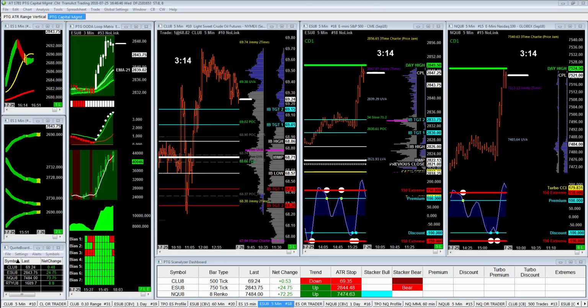Okay, and our next block of charts, now we've gone down to the 5-minute chart. These charts here are referred to as our balance chart, and the reason why they're referred to as the balance chart is there's a number of indicators on here that represent various pieces of the profile: upper value area, lower value area, point of control.